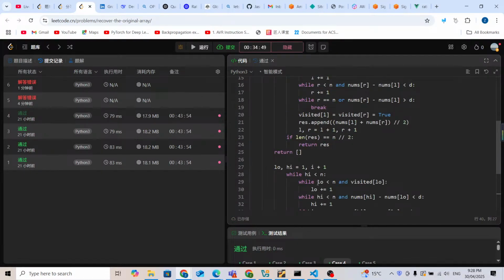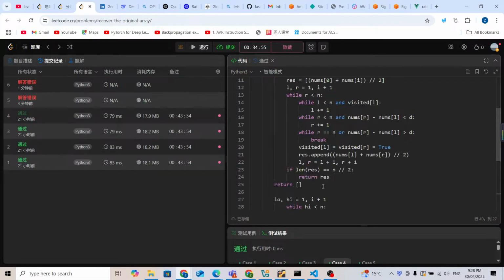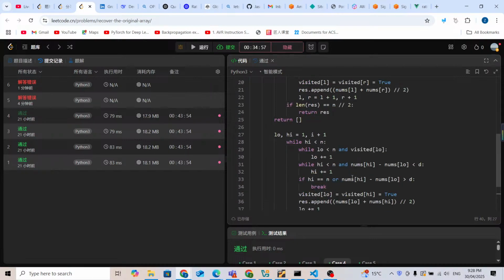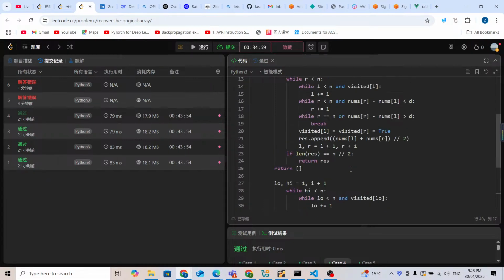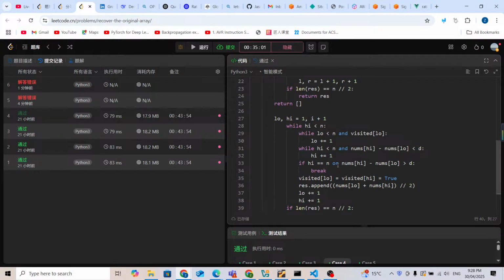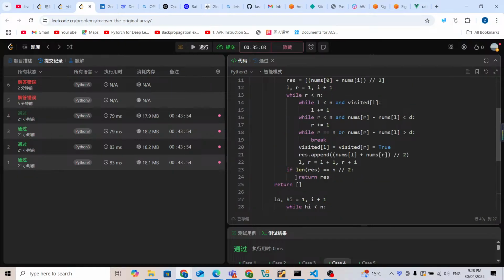Sending 1 to I plus 1. I think if and while should be okay for this one.